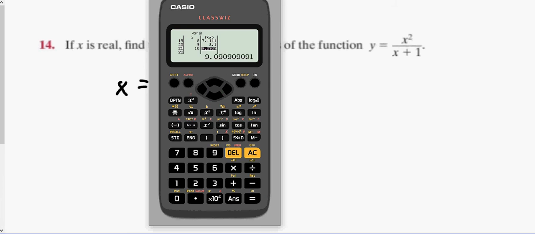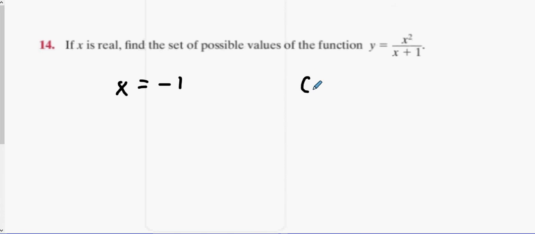So for me, it's going to go all the way from minus infinity all the way up to plus infinity, isn't it? All the y values will be represented. Now the only value that's not represented is what? When x equals minus 1.